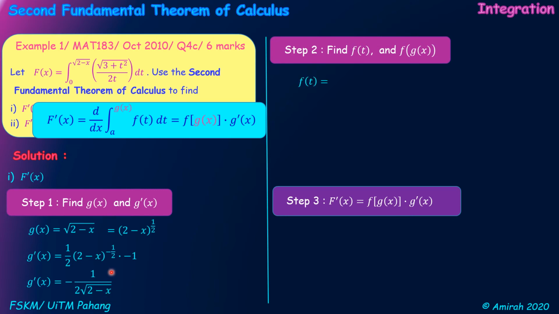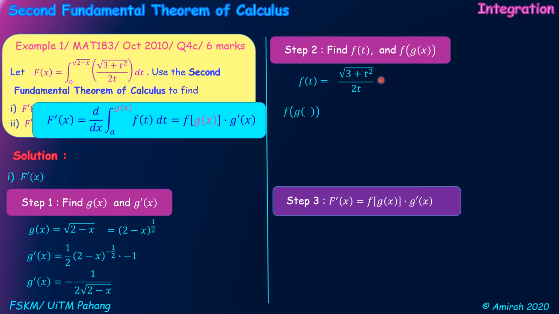Then we continue with step 2. We need to find f(t). How to find f(t)? From the theorem here, we just compare. So f(t) in variable t equals (square root of 3 plus t) squared over 2t. Then from f(t), we need to find f(g(x)) to substitute into this formula.